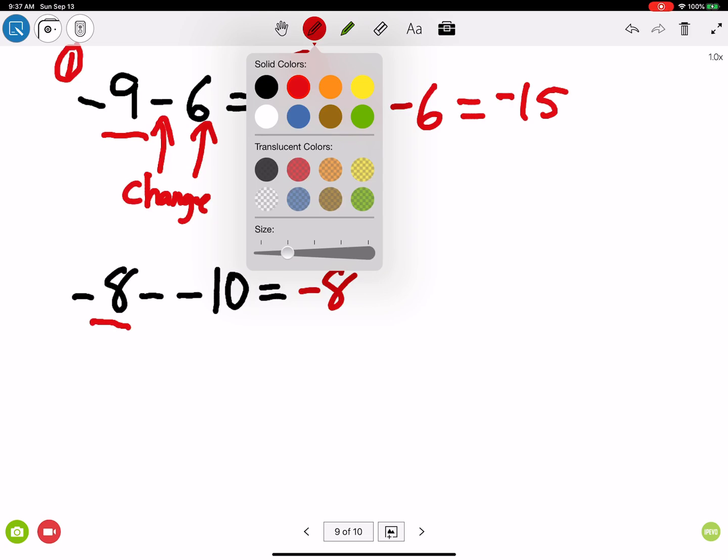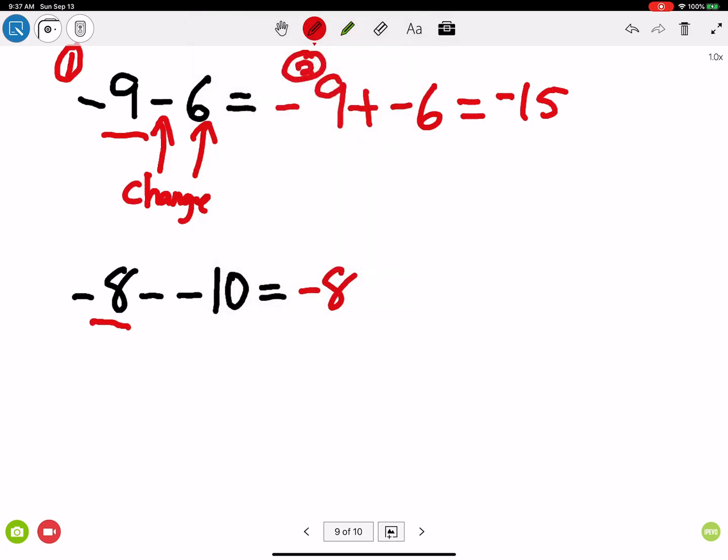And then we've got minus, which we're going to change to plus. And then we have a negative 10. Okay? This time we're changing negative 10 to its opposite. Well, the opposite of a negative number is a positive number. So negative 10 becomes positive 10. And now I've got negative 8 plus 10.